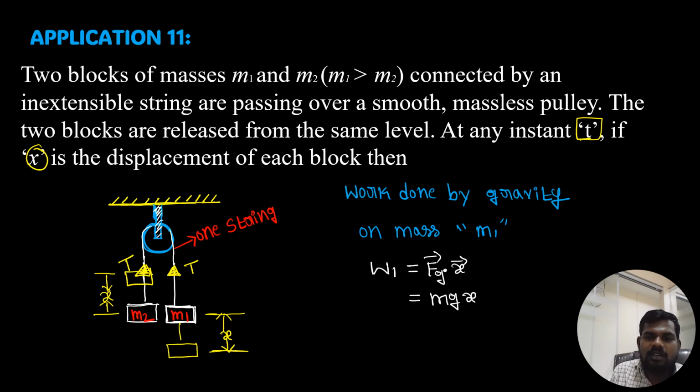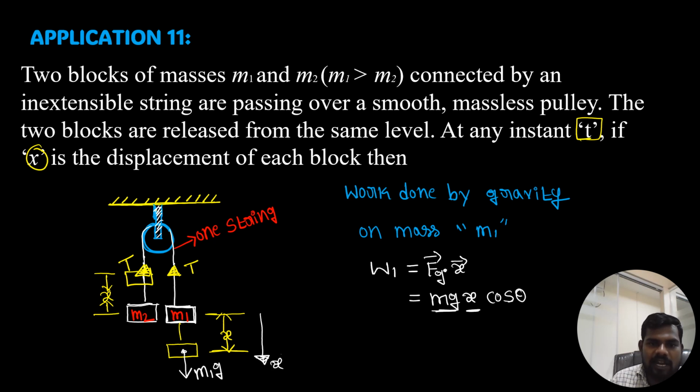Now we can see cos theta. Theta is the angle between mg and x in this case. If you observe, the weight of the body for m1 is acting downward, so m1 into g, and the displacement is also downward. The displacement is increasing downward by x.